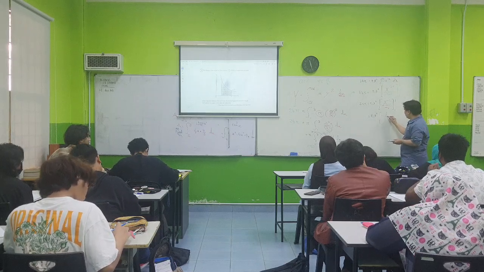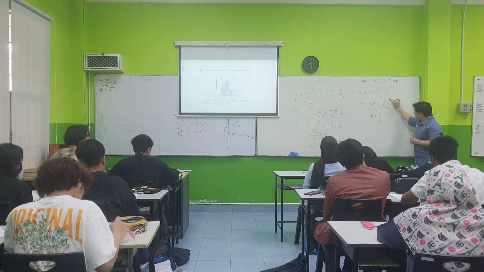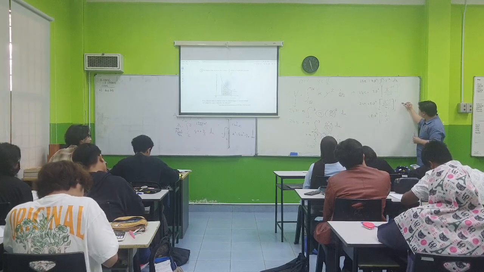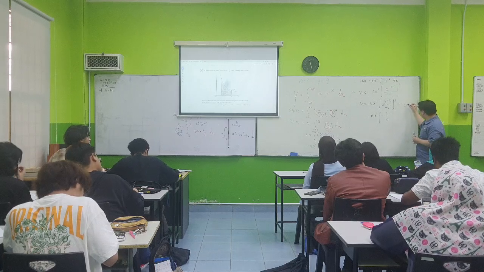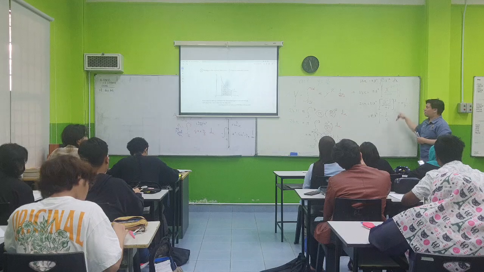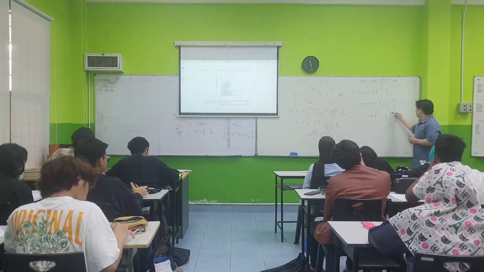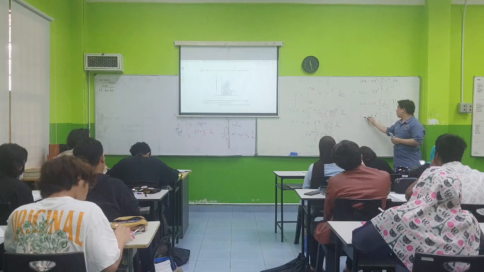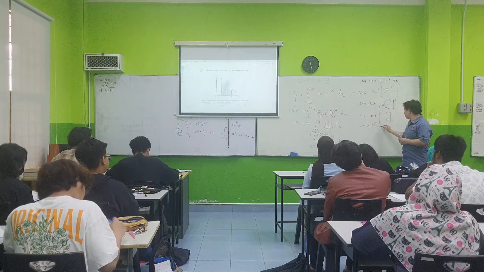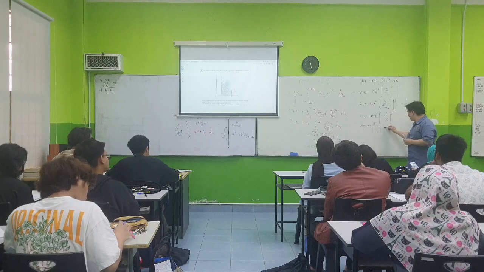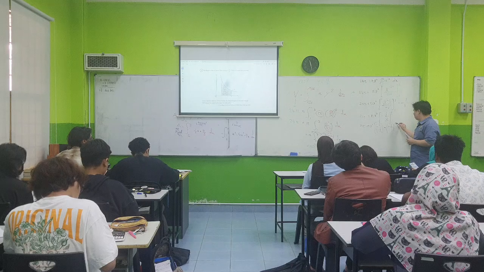Can I change it to 1 over x? You bring it down back, it became negative. Negative is outside, so x to the power of 1. So 24 pi equals pi a squared, negative 1 over 3, minus negative 1 over 1.